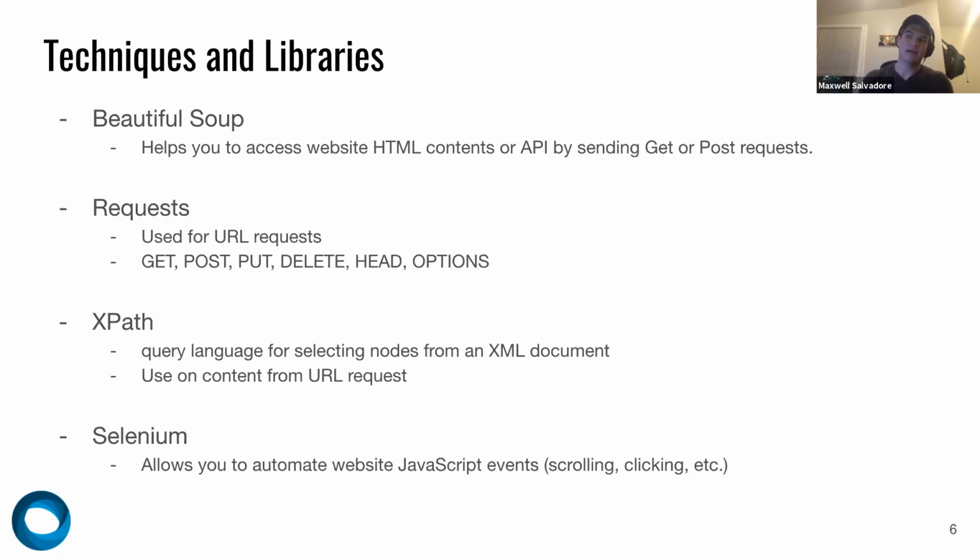There's another important technique, which is called XPath. XPath isn't as much a technique as it is a specifier of locations within HTML files. It's a query language for selecting nodes from an XML document. It's used on content from URL requests. Again, we'll go into all this with the examples, but say you make a request from a URL using GET.